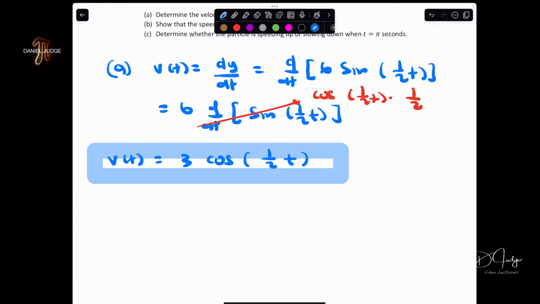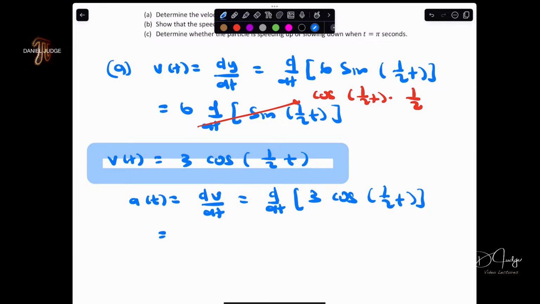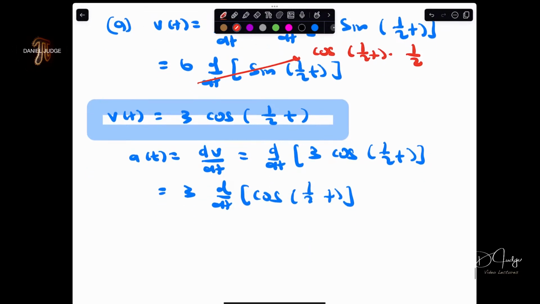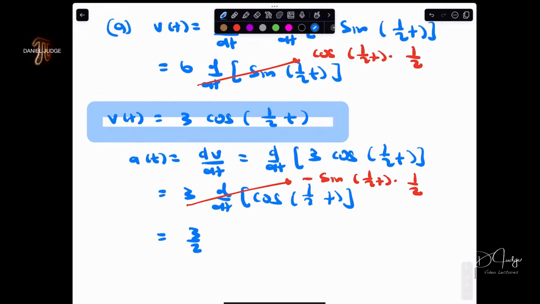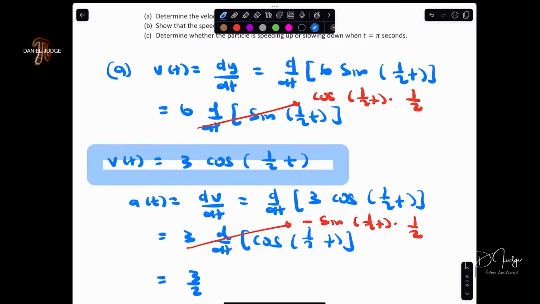Acceleration now is the change in velocity over time. So we're going to look at the derivative of 3 cosine 1/2 t, which will be 3 cosine. What's the derivative of cosine? We know it's minus sine. And then don't forget the chain times the 1/2. So we're going to get negative, looks like 3/2. Let's double check. 6, 3, 3/2.